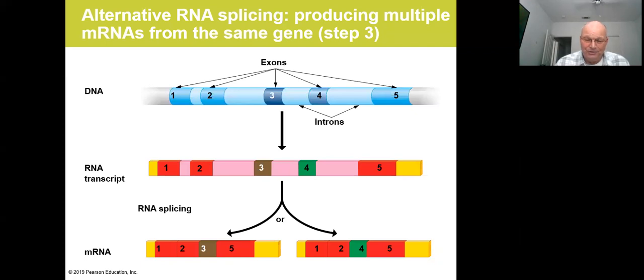The answer is, of course, the ability to splice together exons in a number of different combinations, leading to a number of different possible antibodies being produced from a limited number of genes.